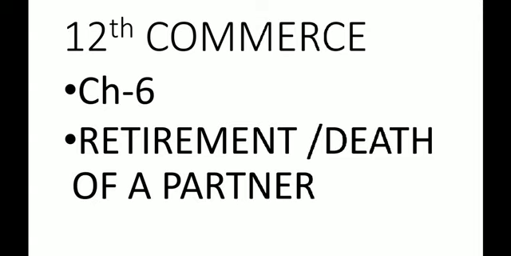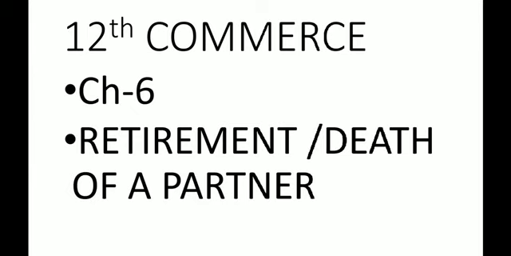So, the title of the chapter says retirement or death of a partner. Now, if you remember, so far the sums done are only about the retirement of a partner. In each and every sum, it was clearly mentioned that so and so partner has retired on so and so date. But in today's lecture, we are going to study the death of a partner.